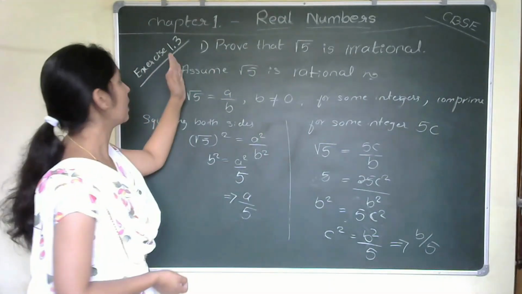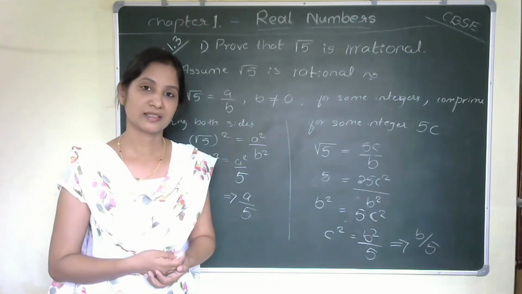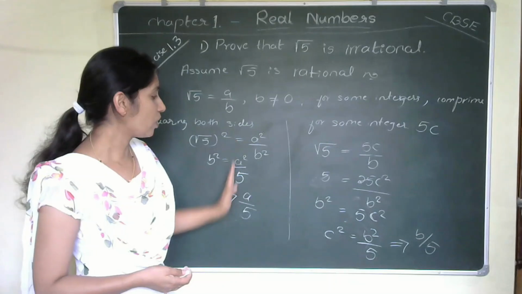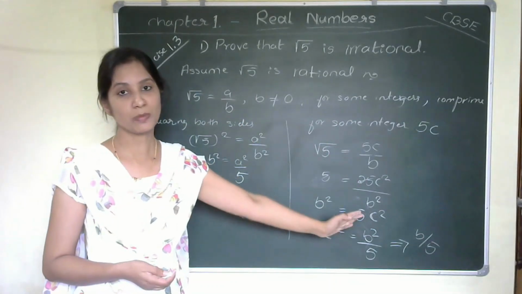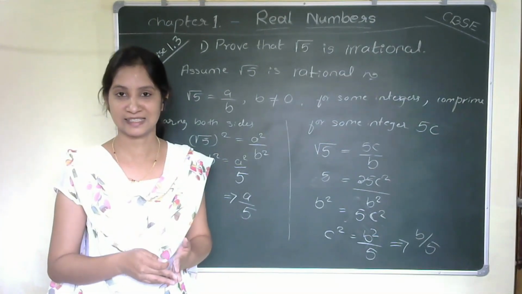In your exercise 1.3 there will be 4 more examples. Only the number is different. You can solve by using the common steps. I hope you have found it very easy.